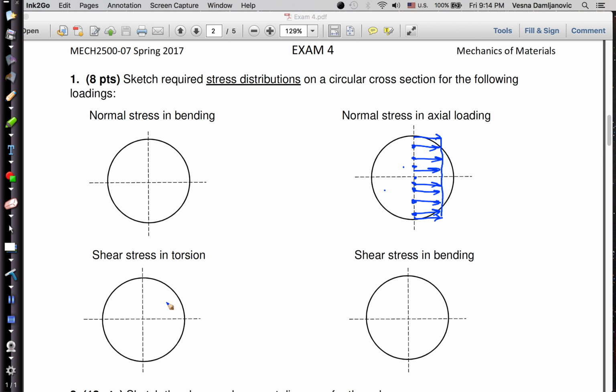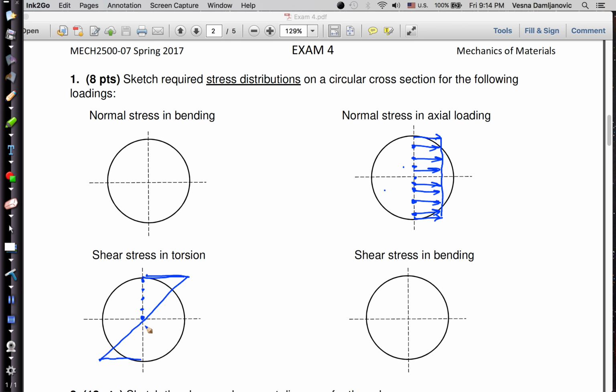Let's do shear stress in torsion. So these two are the simplest load cases, okay? We know that shear stress in torsion is the highest on the outside of the shaft and then 0 on the inside. So we know it's going to look like this. Now let's look at the arrows. Remember, we're plotting the stress for these points.